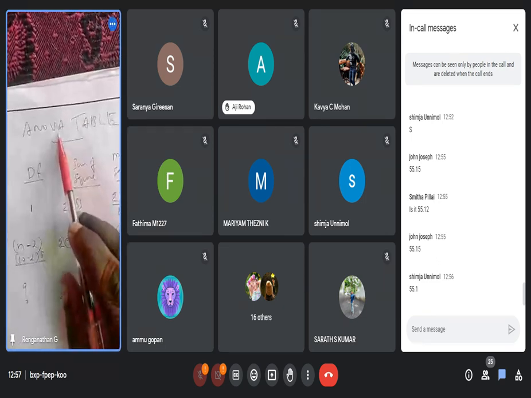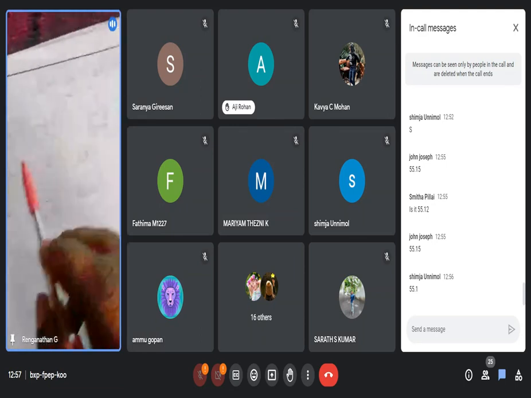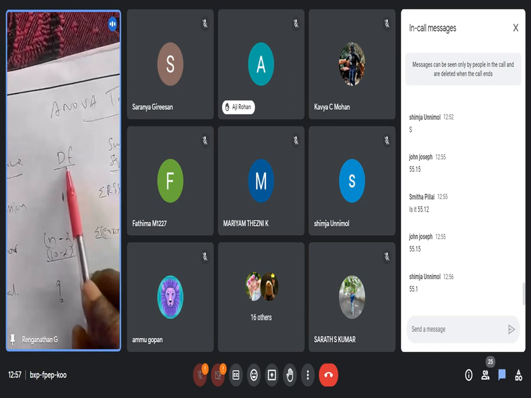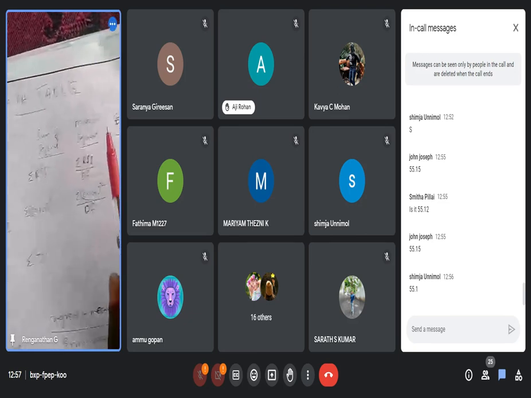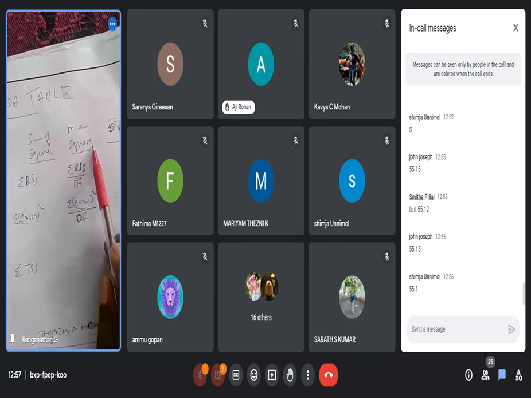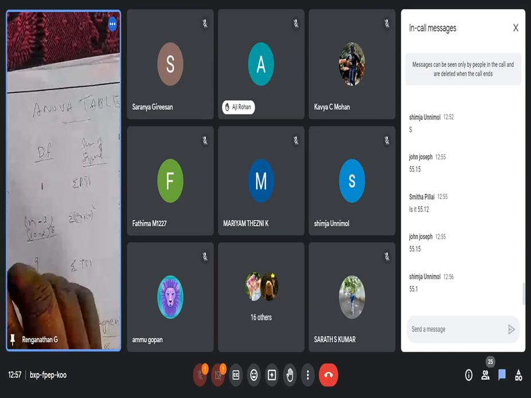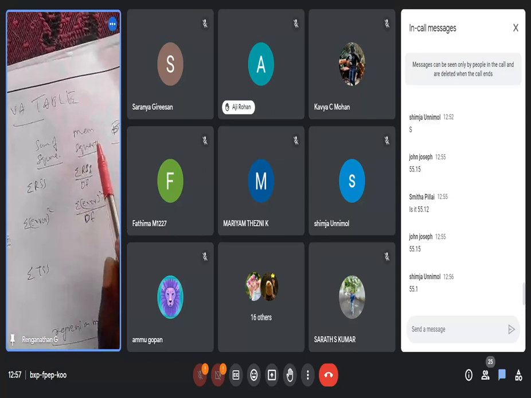I provide a heading here, ANOVA table, and four columns are here: source, degree of freedom, sum of square, and mean square. You notice this?